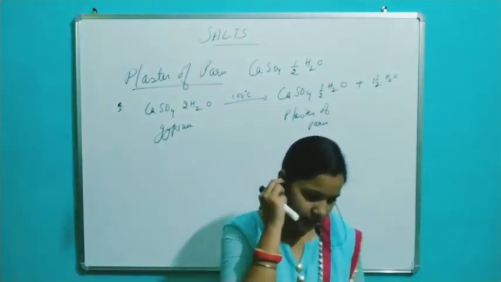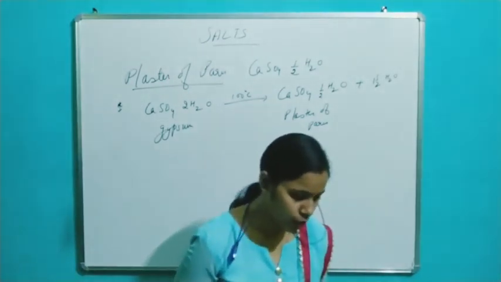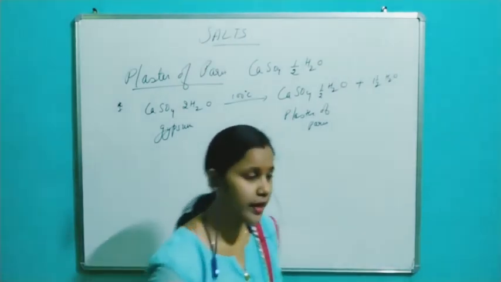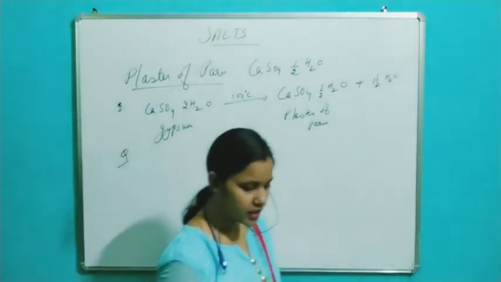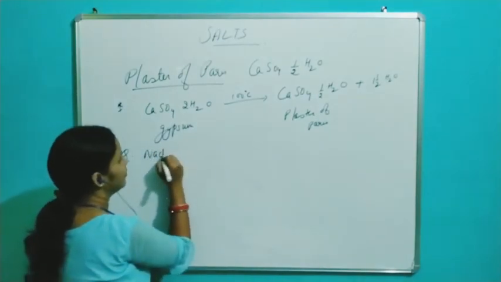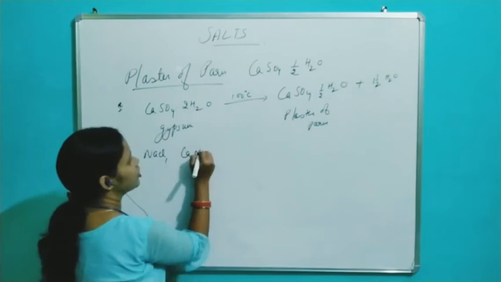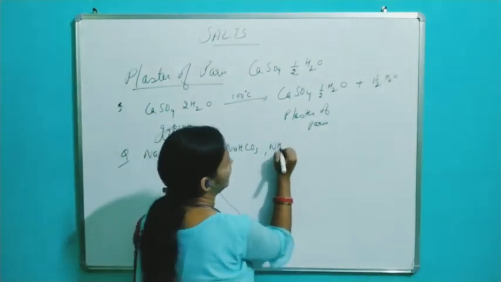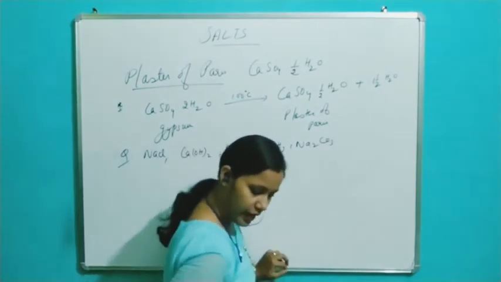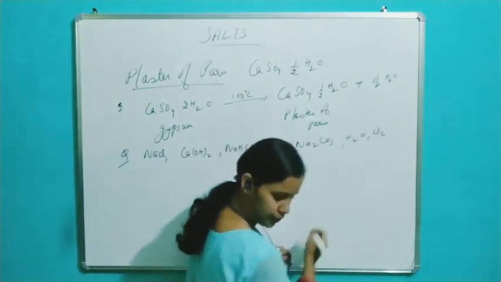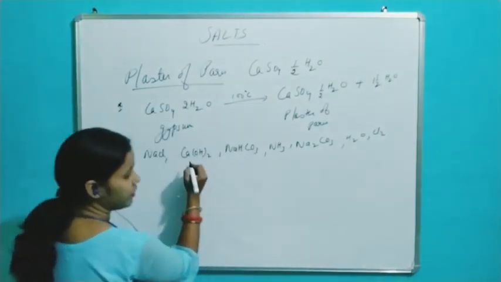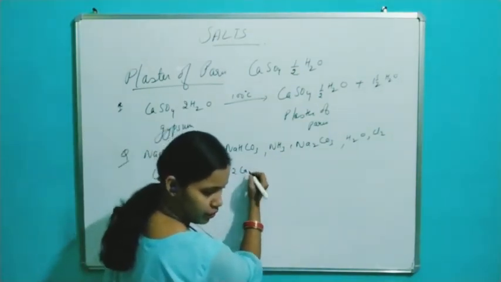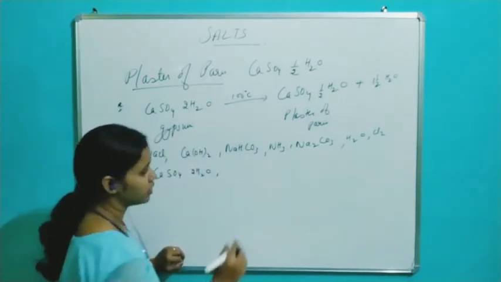Now consider the following substances: NaCl, calcium hydroxide, sodium hydrogen carbonate, ammonia, sodium carbonate, water, Cl2, CaSO4 dot 2H2O, CaSO4 dot half H2O, then we have CaOCl2.